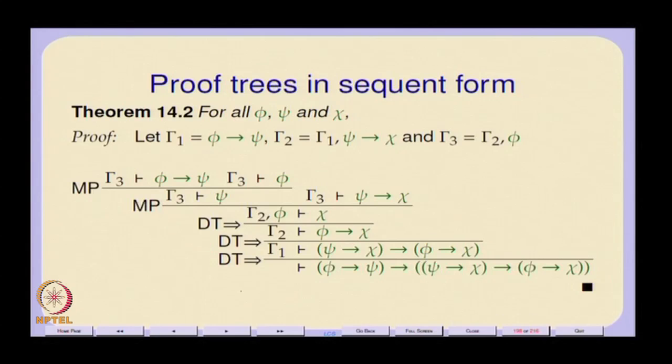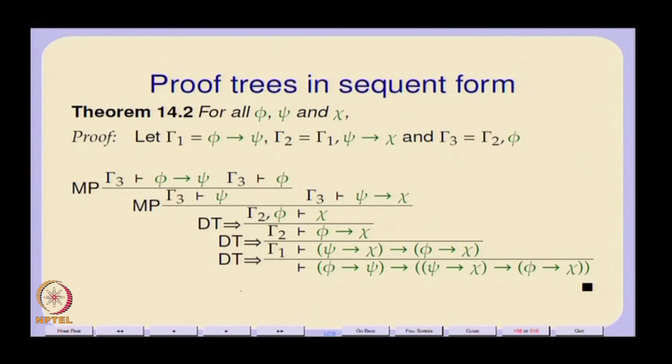I have specified this as gamma 2 comma phi instead of gamma 3, because I am going to use the deduction theorem to move phi to the right. The assumptions get depleted when phi moves to the right, and from gamma 2 you have proved phi arrow chi, and the assumptions get depleted more and more as I move each of them to the right side of the turnstile.